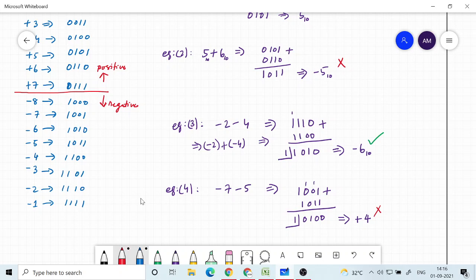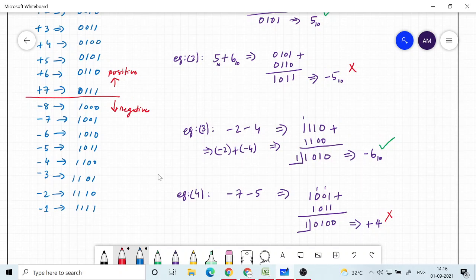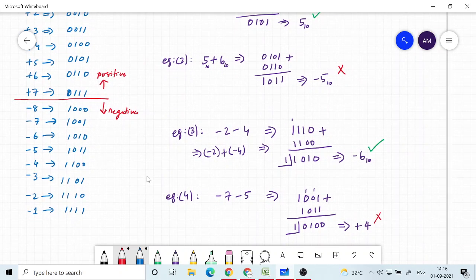So it will decrease the value. The only way in which the value can overflow is when we add two positive numbers or two negative numbers. These are the only ways in which the result could become bigger than what can be represented using the initial number of bits that we started with.